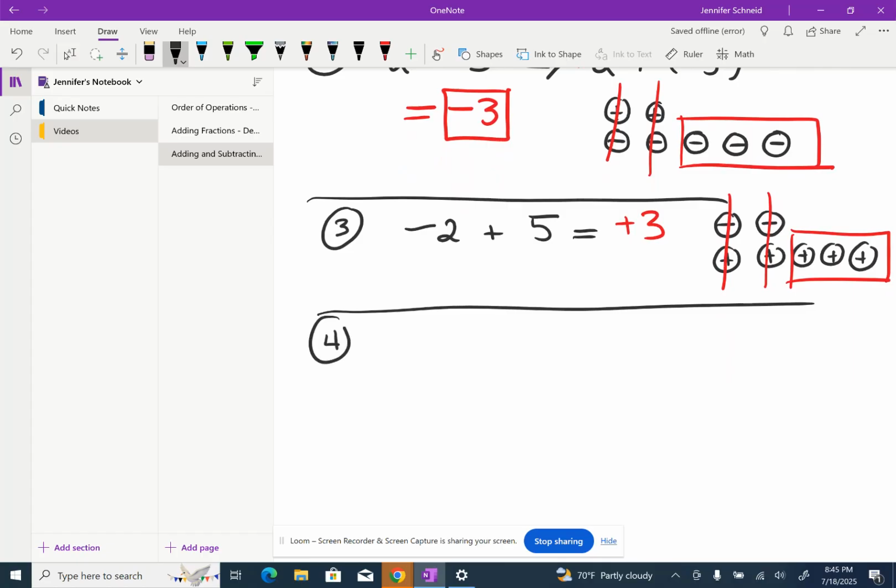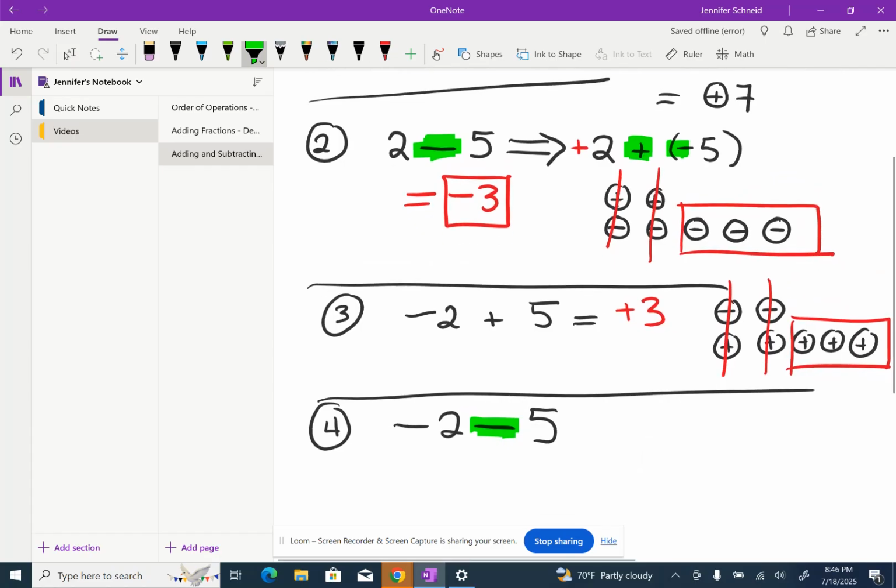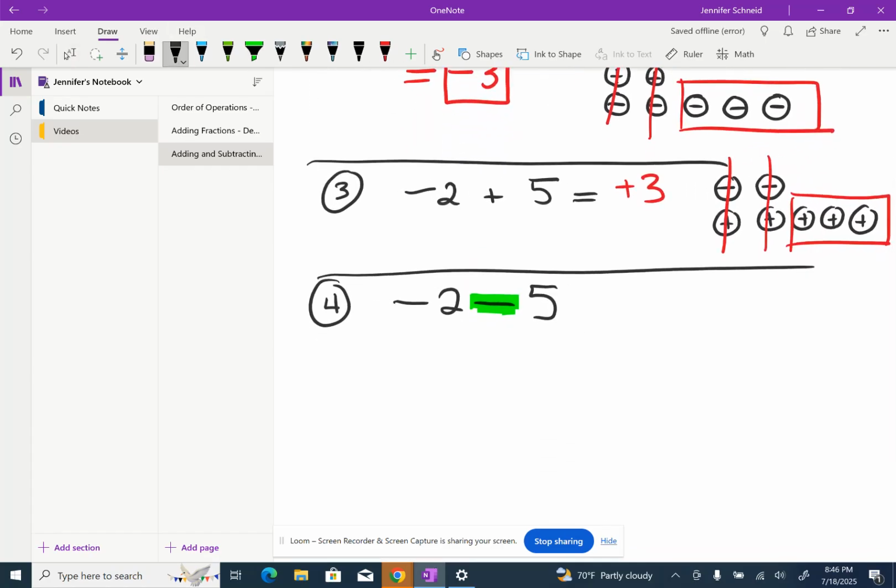Now for our next example, how about we have negative 2 minus 5? And so in that instance, whenever I see that negative between my two numbers, just like we did right here, we changed it to plus a negative. So anytime I see that, you don't have to do it, but it makes it a lot easier to see it as negative 2 plus a negative 5.